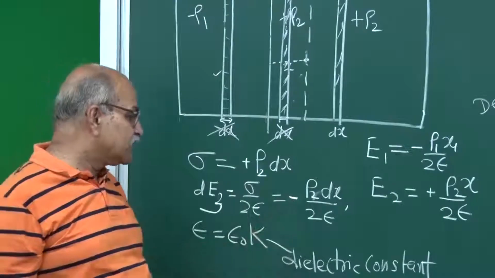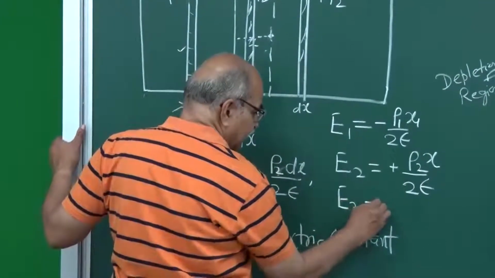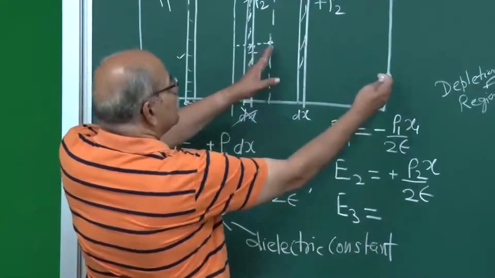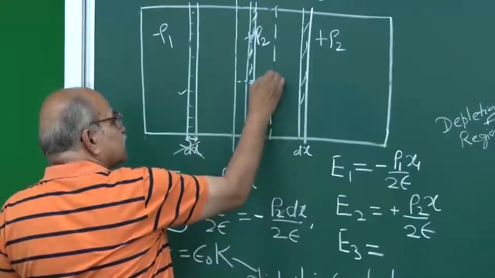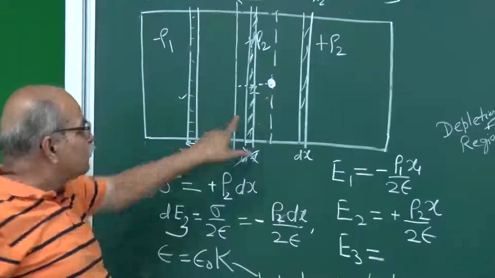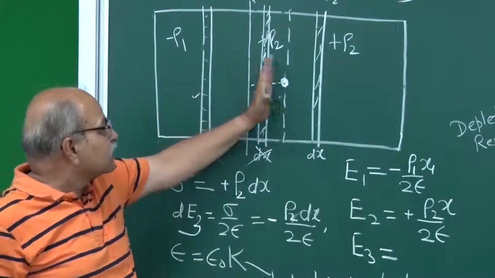And when you integrate this and write what is E3, that is the field due to this whole part to the right of the point chosen. Always remember, I am trying to find the electric field at this point, which is at a distance x from this junction.